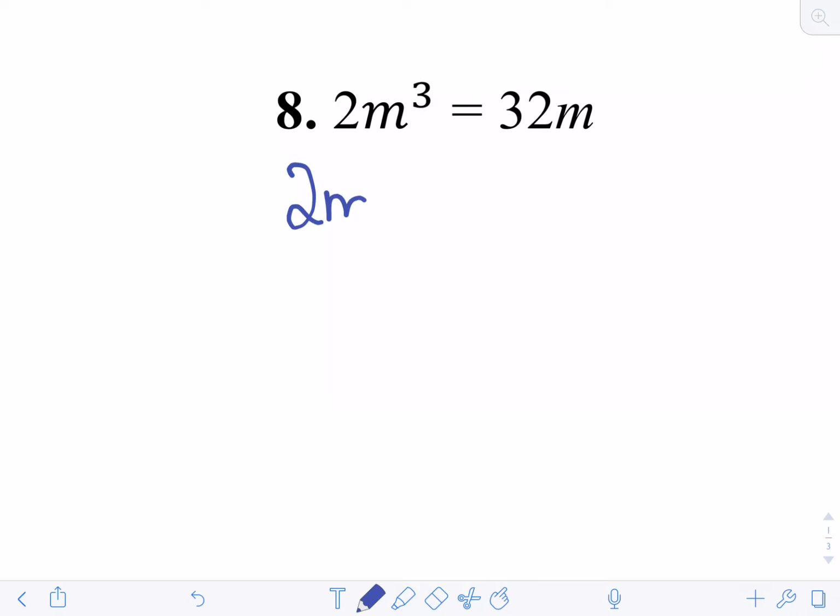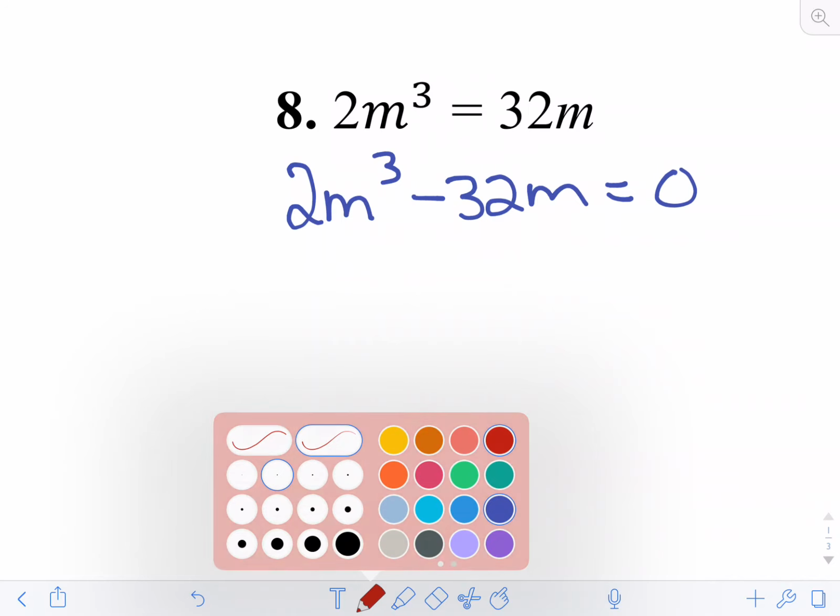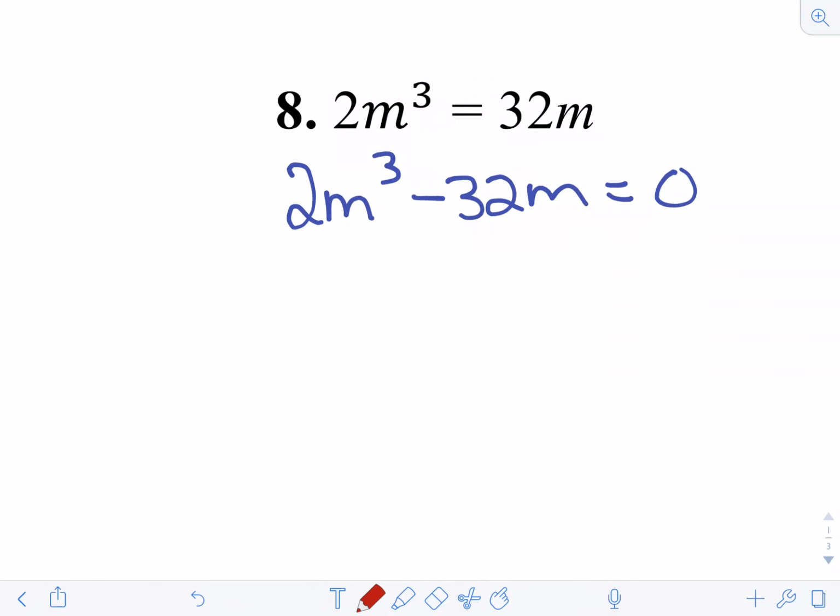So let's see, we have 2m cubed minus 32m is equal to 0. You have a greatest common factor you can pull out. You can pull out a 2 and you can pull out an m. So you will be left with 2m times m squared minus 16 is equal to 0.